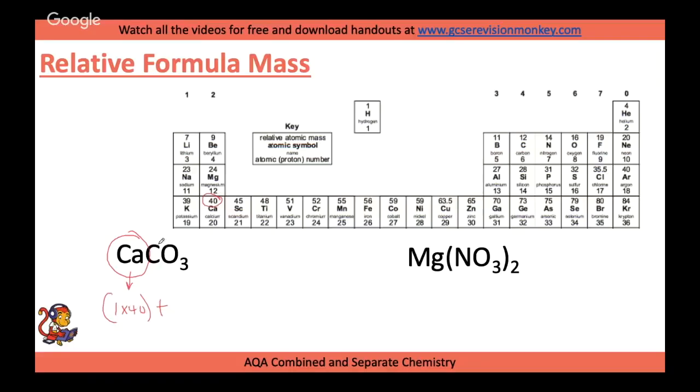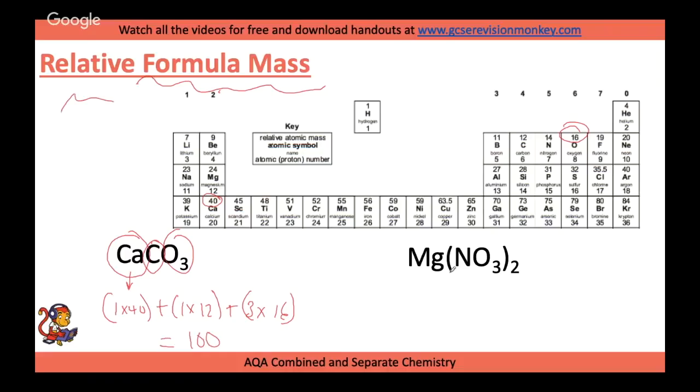Add that to 1 carbon, so 1 times 12. And add that to 3 times, and let's look at oxygen, 16. So you basically want the mass of the whole formula, hence why it's called formula mass. If we do that, we would get the answer of 100, and it has no units because it's relative mass.